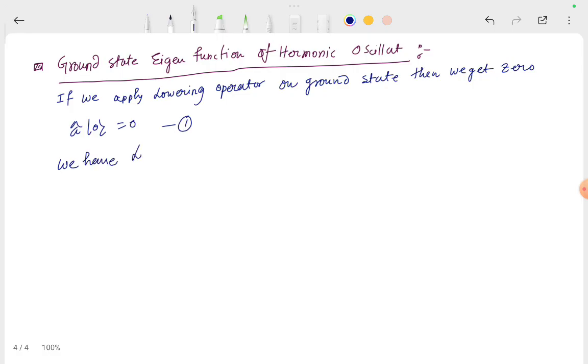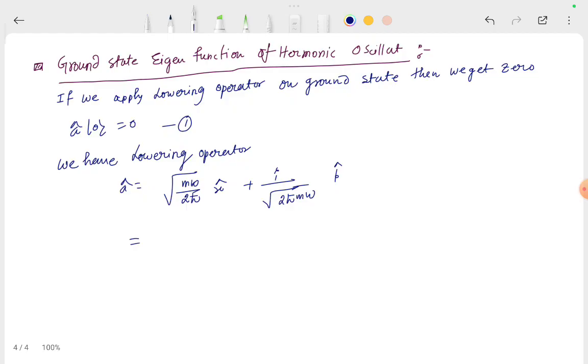We have lowering operator a cap equals to m omega upon 2h cut x cap plus i upon 2h cut m omega p cap, right?